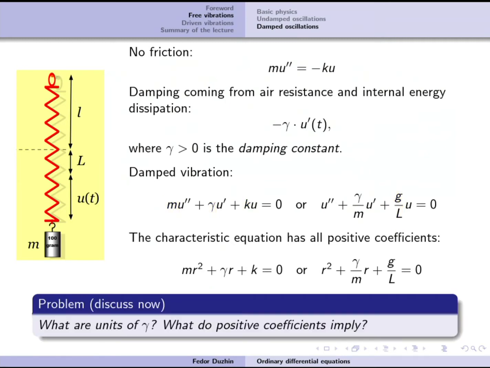I cannot meet you in person right now, but I suggest that you pause the lecture, answer these questions for yourself, and then listen to my explanation. What are the units of gamma, and what does it mean for the characteristic equation to have all positive coefficients?